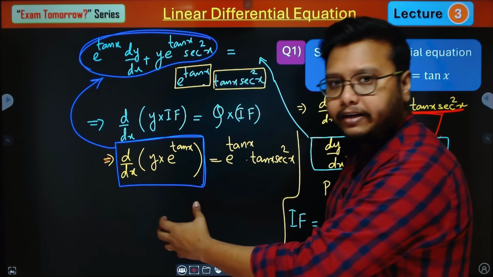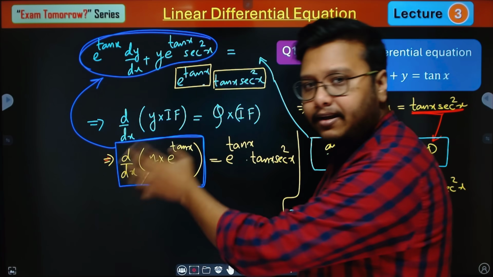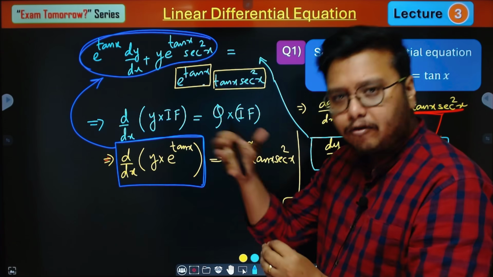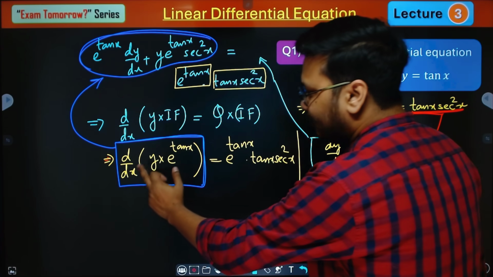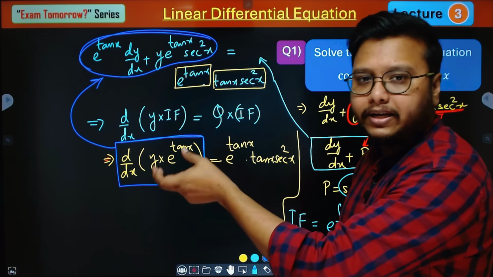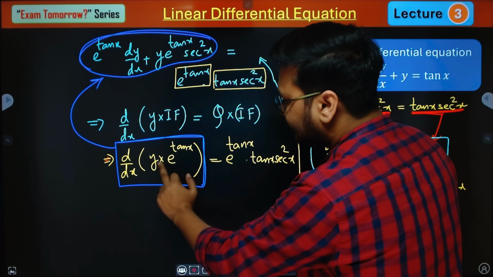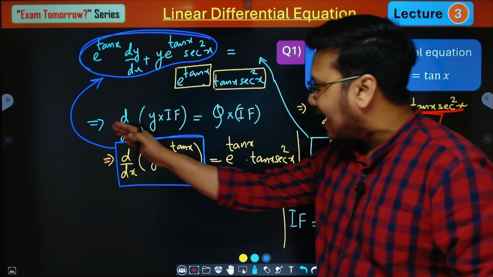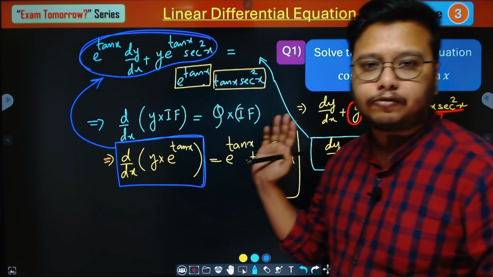When you multiply the integrating factor, the left hand side becomes an exact differential. That means you can write it as the derivative of some function. The derivative of that function is always of the format y into integrating factor. If you do this derivative, you will get back to this particular line. So what we can do is directly remember this format of solution.